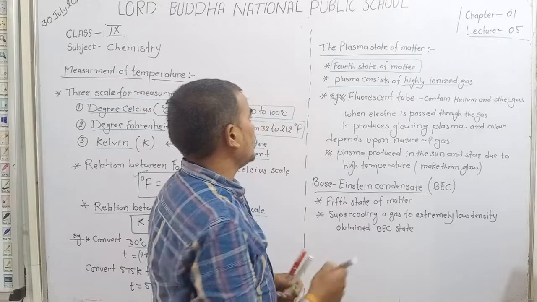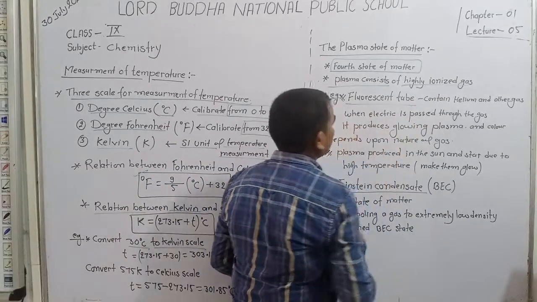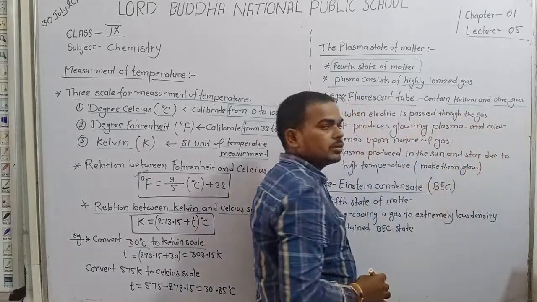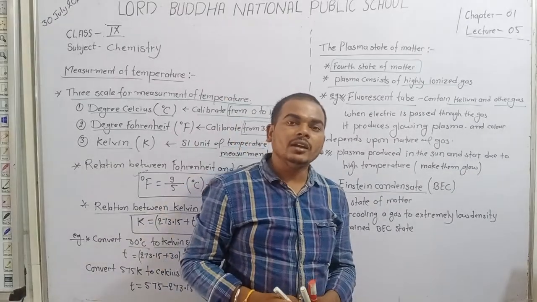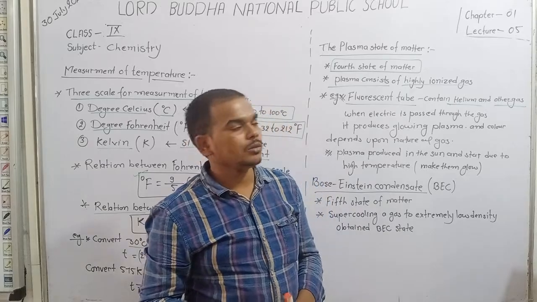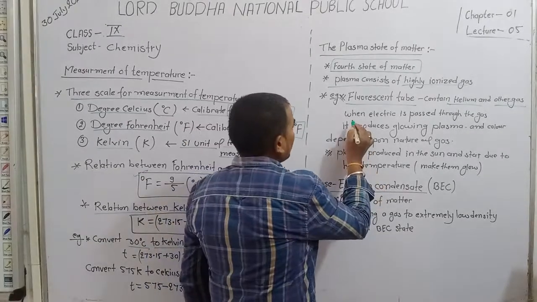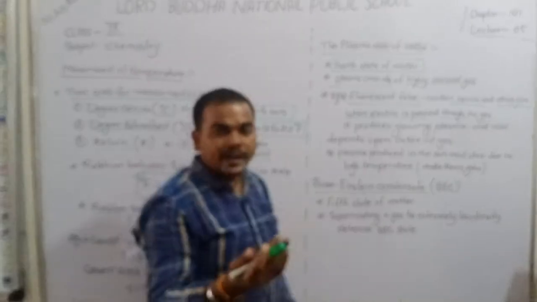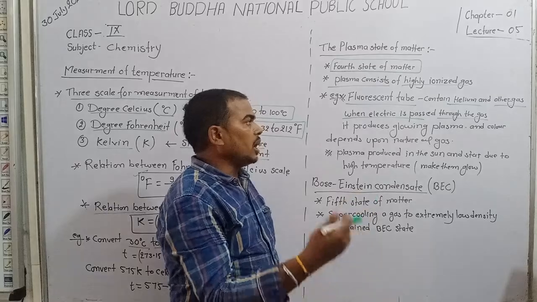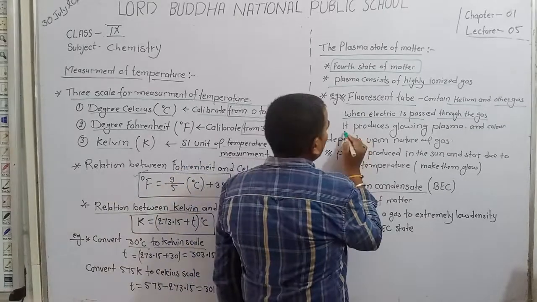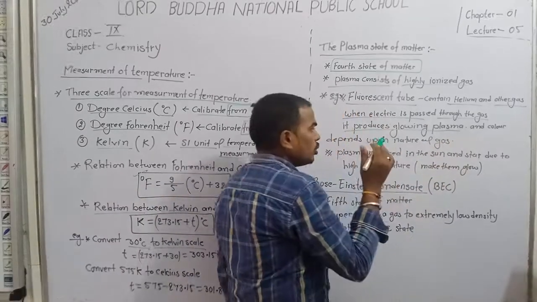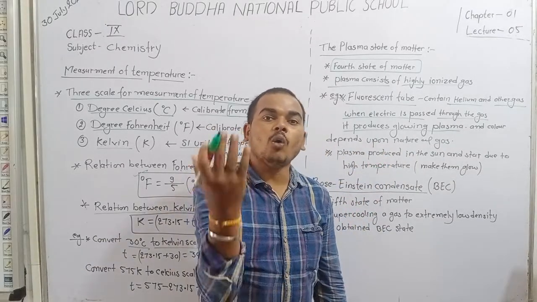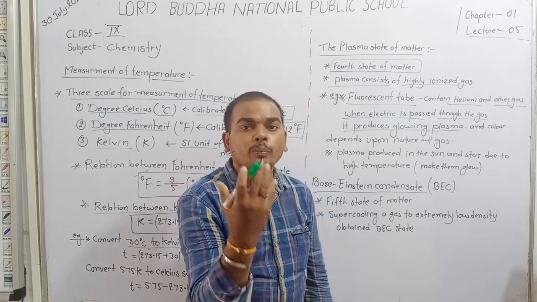For example, a fluorescent tube contains helium and other gases. When we pass electricity through the gas, it produces a glow, because the gas is now ionized and converted to plasma.